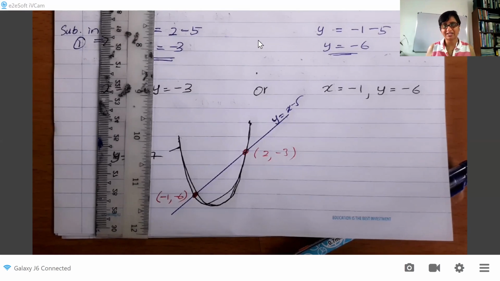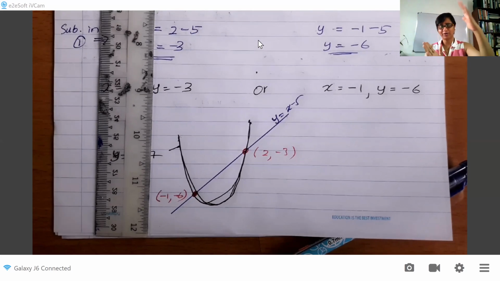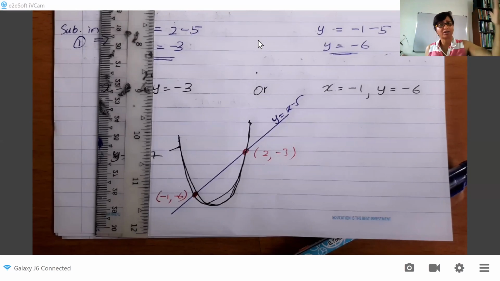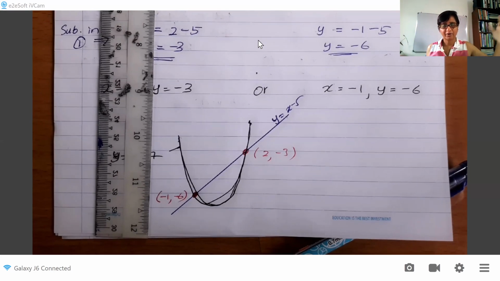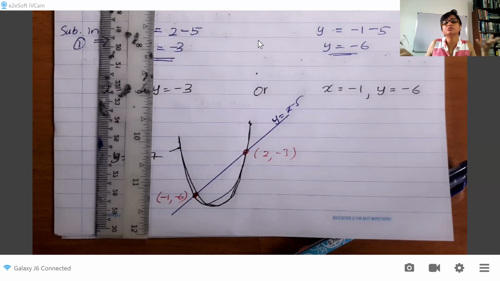If you think of how these parabolas and lines could be in a plane, you can have your parabola and the line not cutting at all. What if I give you two equations such that your line does not cut the parabola? That means the two simultaneous equations would not have a solution.